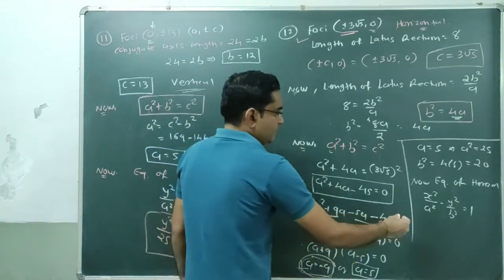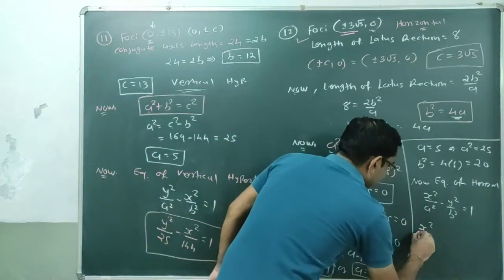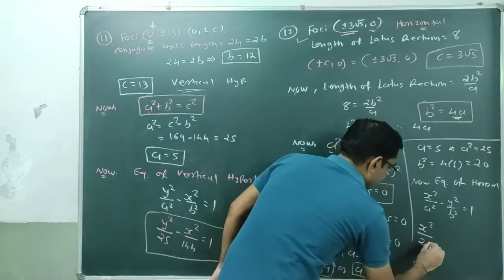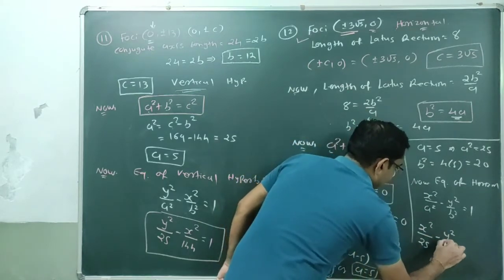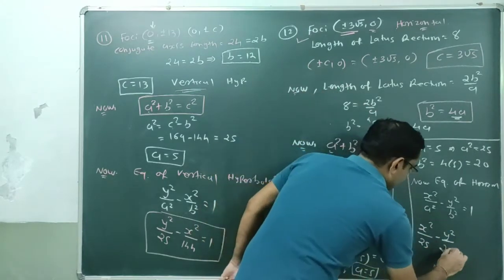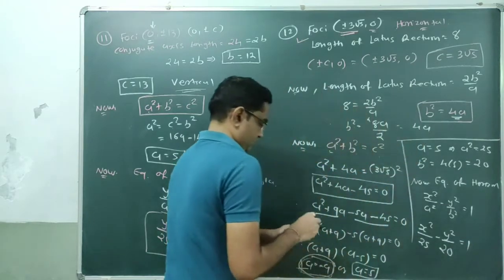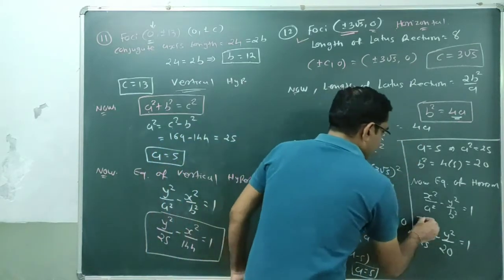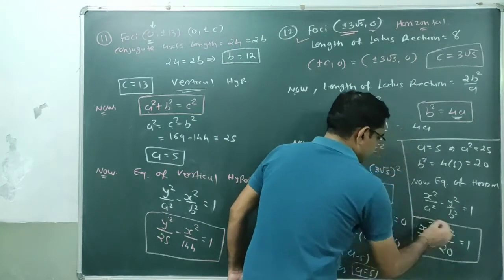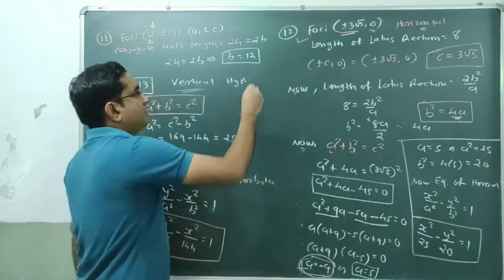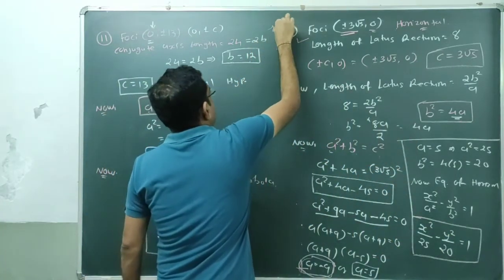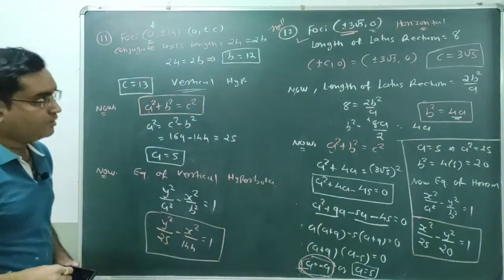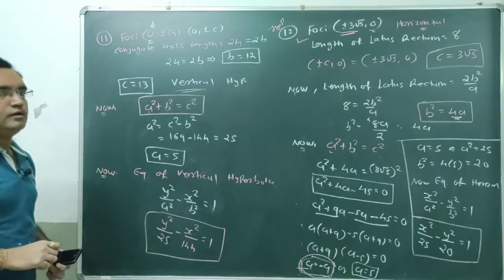Put the values. So it's x square by a square, that is 25, minus y square by b square 20 equal to 1. So this is the required equation of hyperbola. Done. है ना, इसको important टिक करके रखो, है ना, ये अच्छा था. Done. So this is your question number 11 and 12.